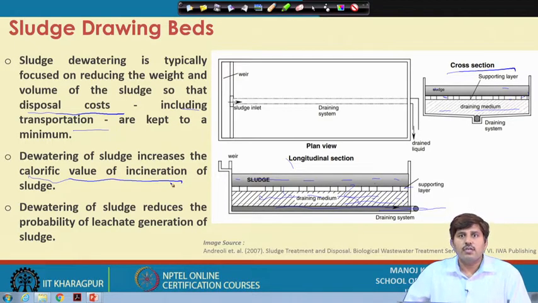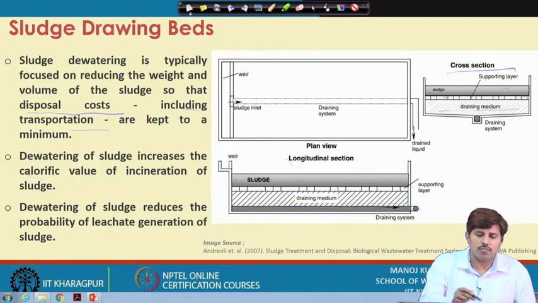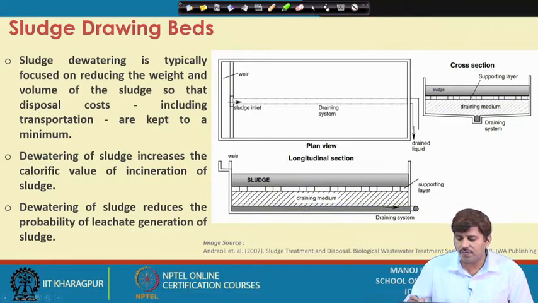If you get rid of the water, then per unit weight your calorific value increases. It also reduces the possibility of leachate generation if the sludge goes for landfilling or dumping, because since the water content has reduced, not much leachate will be generated from the sludge.